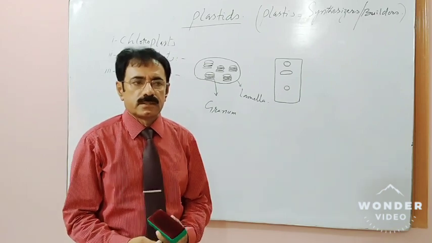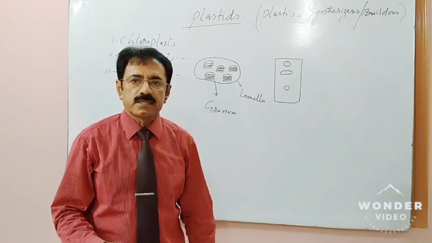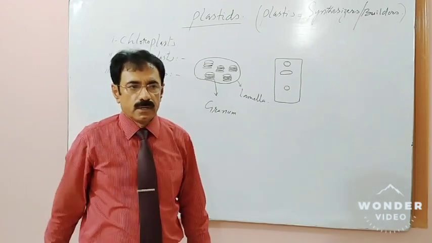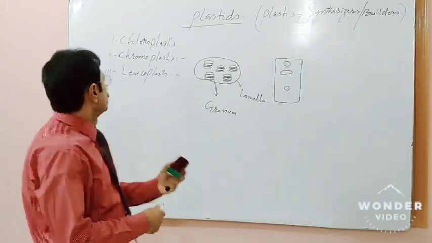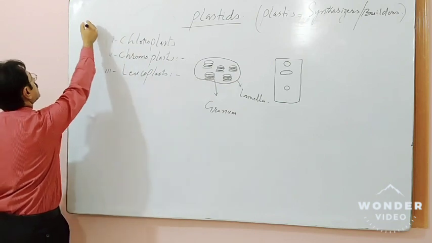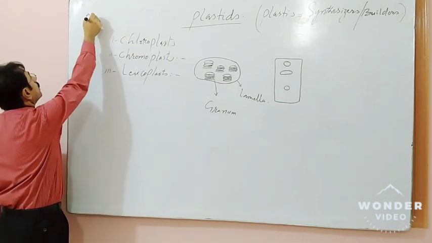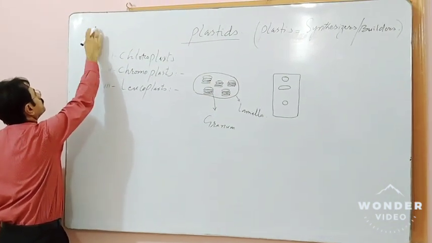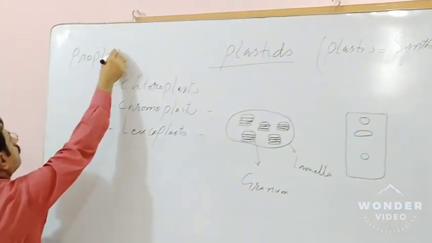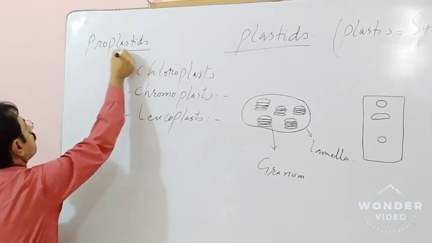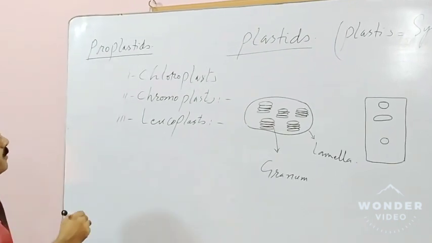How are plastids produced? Plastids are produced either from the proplastids, pro meaning early.